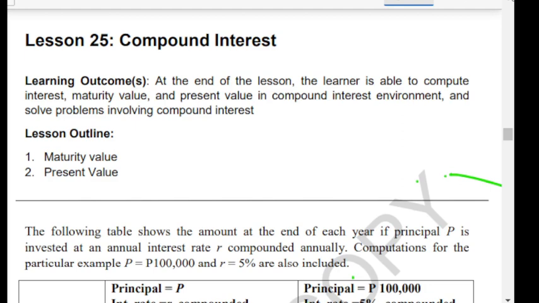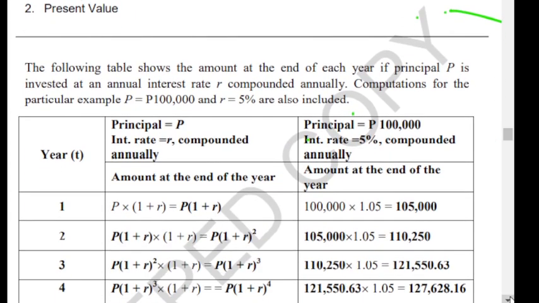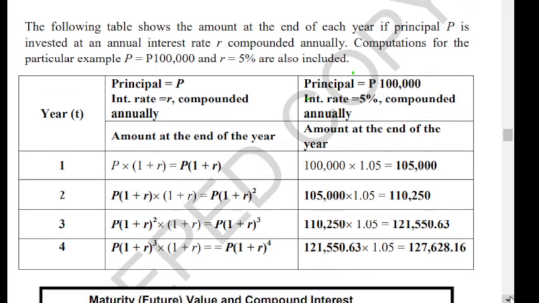which are maturity value and present value. Then we have the following table, which shows the amount at the end of each year if the principal is invested at an annual interest rate compounded annually.